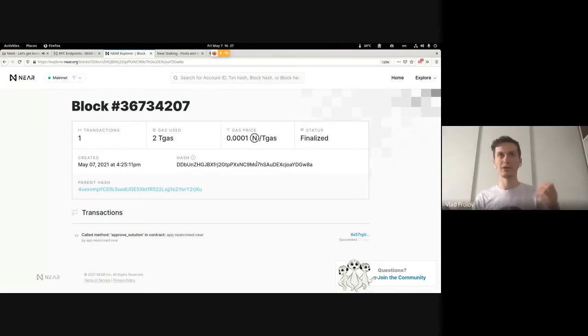Imagine you have 2,000 transactions per second as an input, and your block can only handle 1,000, and you have 2,000 at peak time.